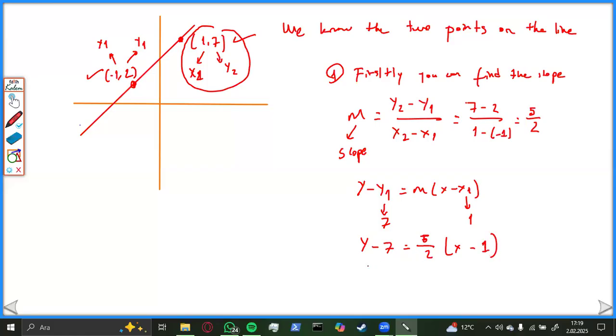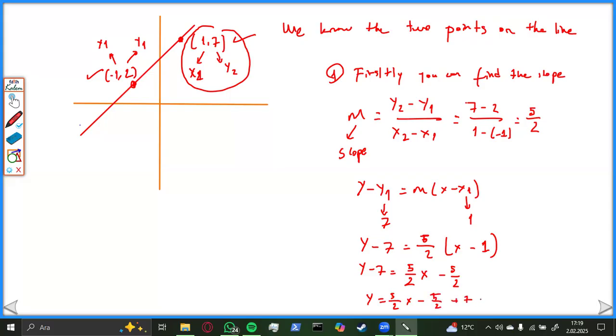So finally, y minus 7 is 5 over 2 times x minus 5 over 2, and y equals 5 over 2x minus 5 over 2 plus 7.